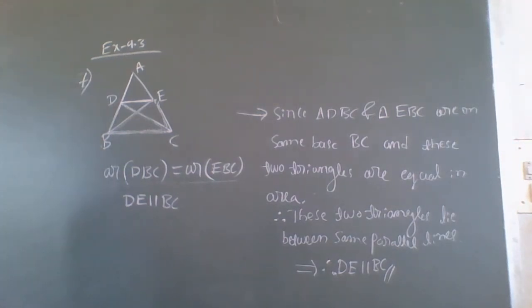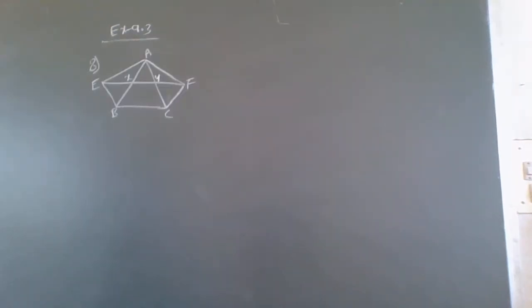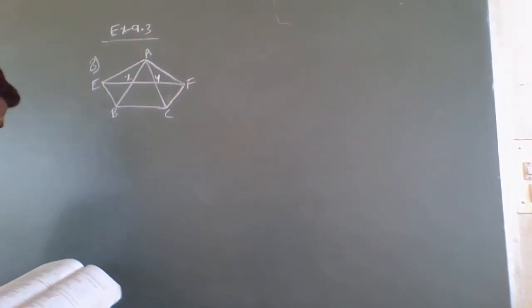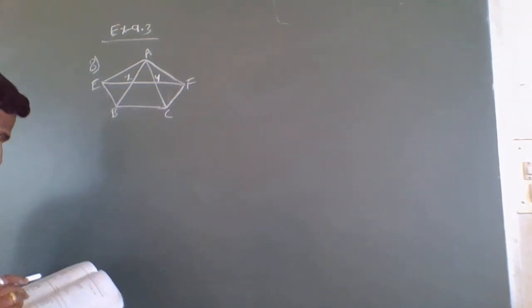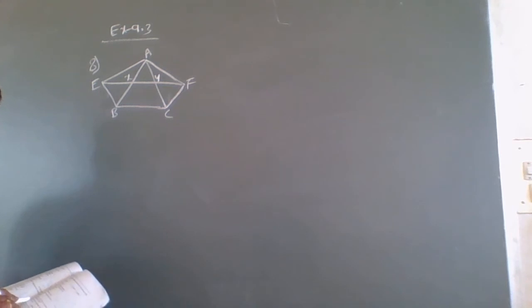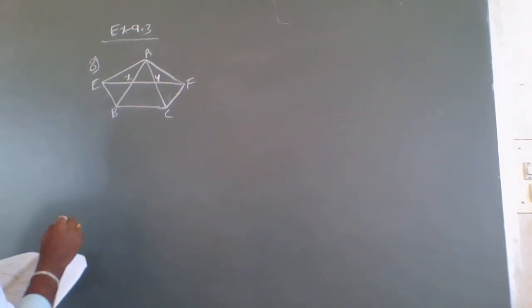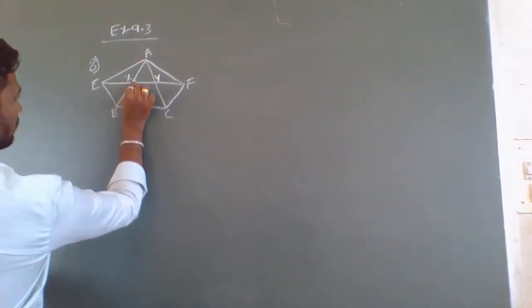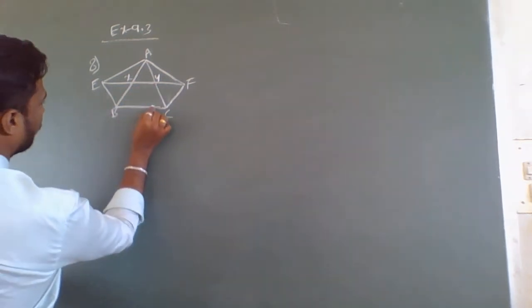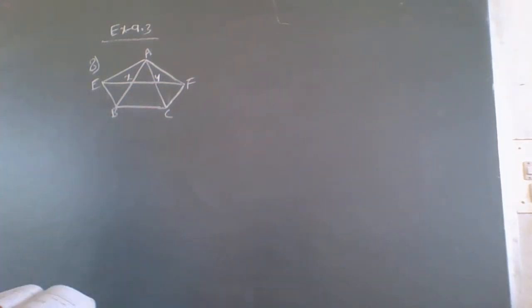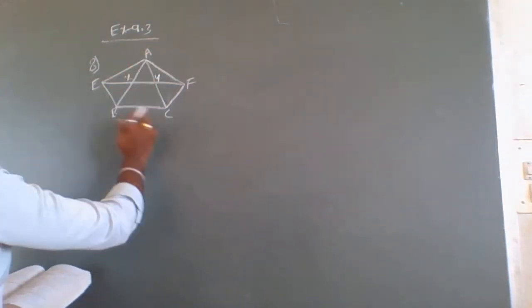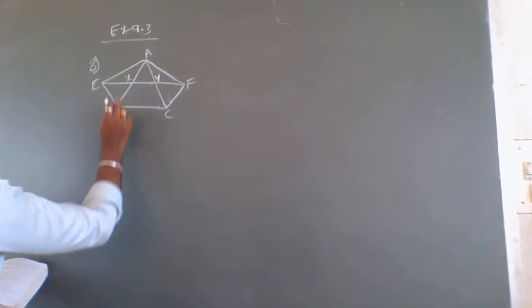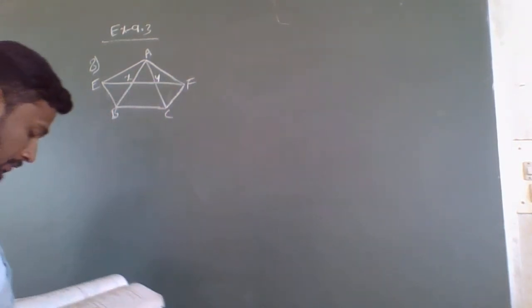Okay. So now I will discuss next problem. So here in the eighth problem, you can refer this diagram. Here they have given XY is a line parallel to BC of triangle ABC. Here you can see this XY is parallel to BC. In triangle ABC, this XY is parallel to BC.